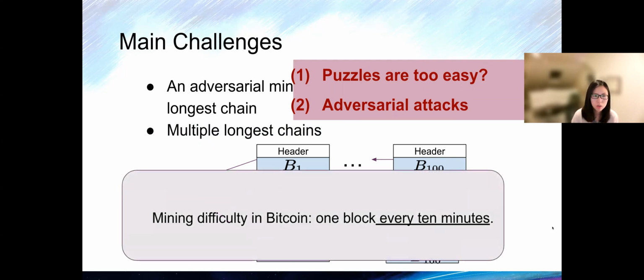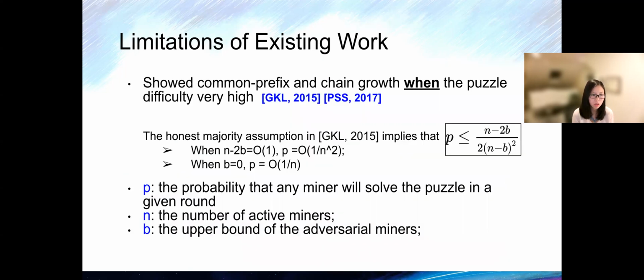In practice, to reduce the occurrence of multiple longest chains, people set the puzzle difficulty to be very, very high. In Bitcoin practice, we expect one block every 10 seconds, and this is extremely slow. Many works attempt to analyze and formalize the Bitcoin system and other systems, but there are still some limitations of existing work.